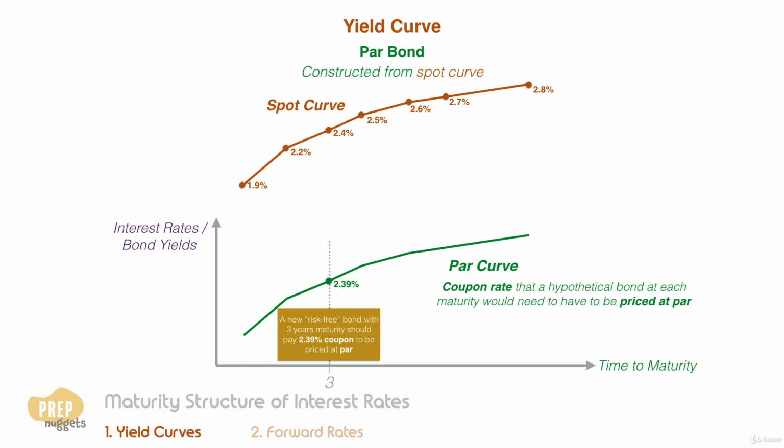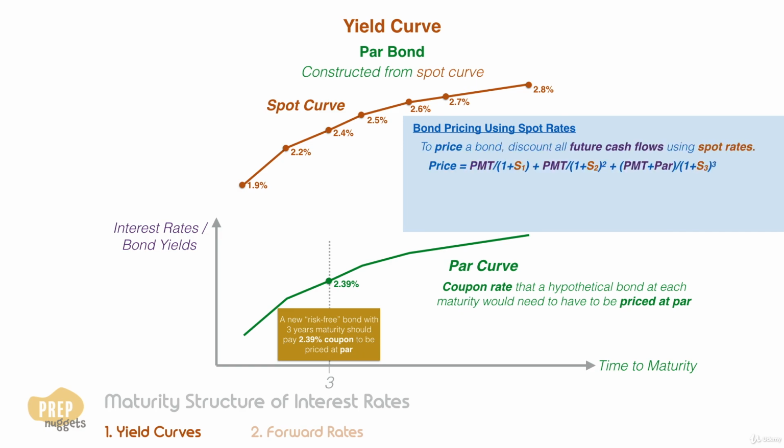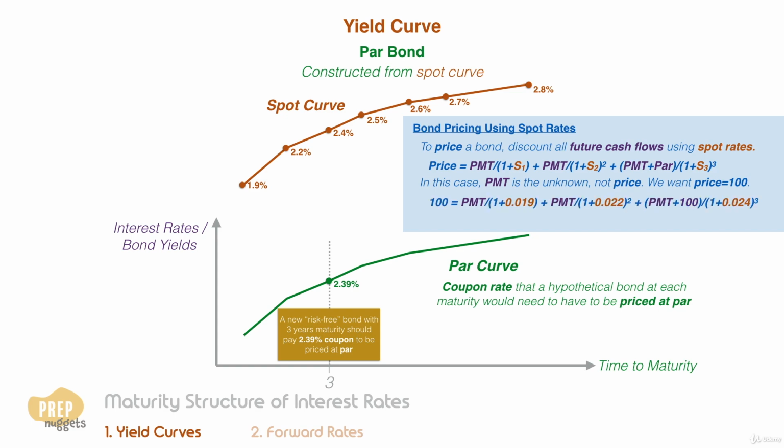Recall earlier in this topic we've learnt how to price a bond using spot rates. To price a bond, we discount all the future cash flows using spot rates. Just that in this case, our unknown is not the price, but the coupon rate, which is the payment. Remember that we want the bond to be priced at par, so this is the pricing equation for our hypothetical bond with 3 years maturity.